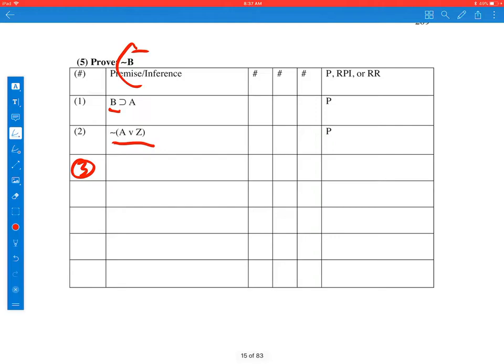until we really start thinking about line 2. Let's apply De Morgan's to line 2. The A becomes a not A, the or becomes an and, the Z becomes a not Z. That's from 2 by De Morgan's. And now we see we have the not A that we needed in line 3. All we have to do is get it out by simplification.